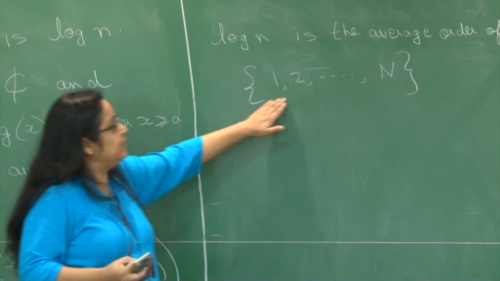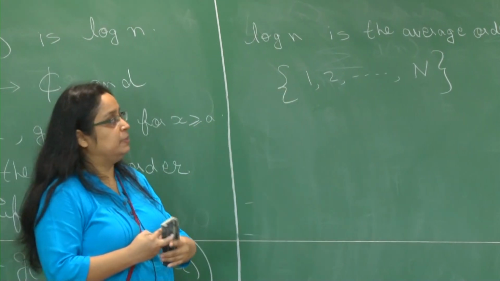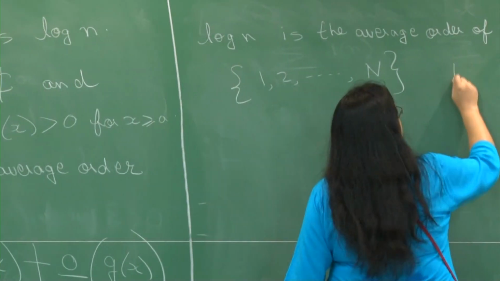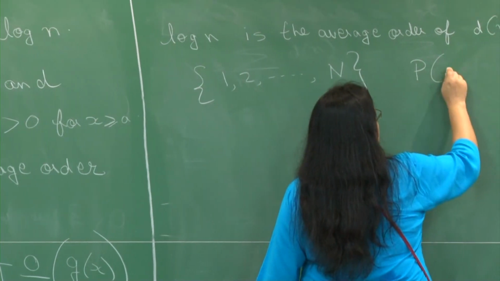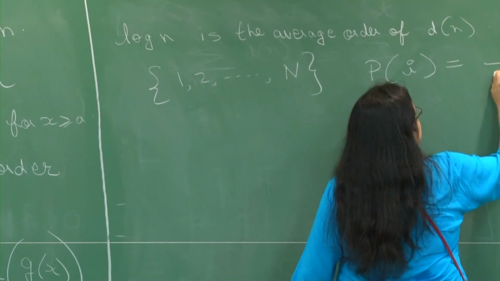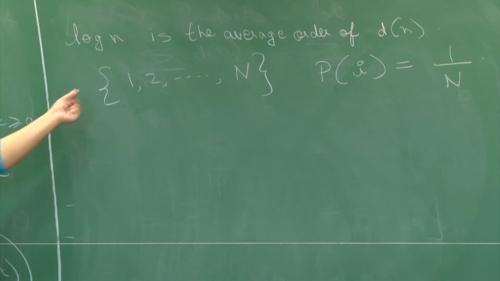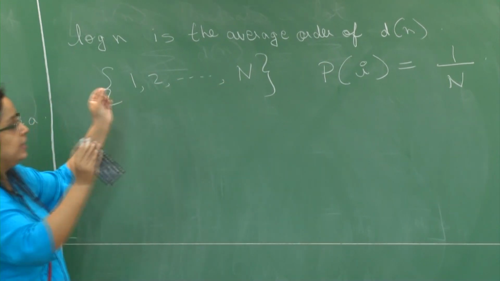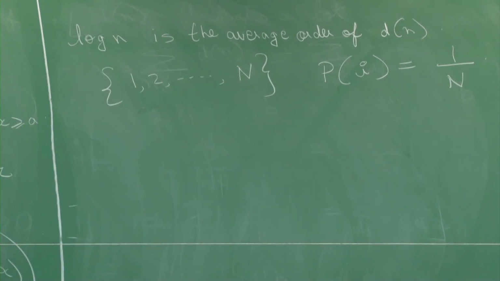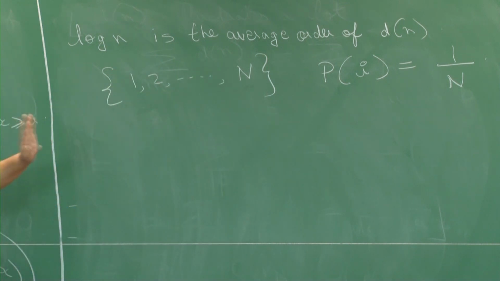The probability defined here is the uniform probability, so the probability of any i is just 1 by N. All of these points in this space have equal probability, and I am going to make this even more precise soon.